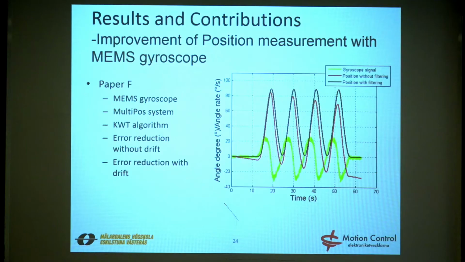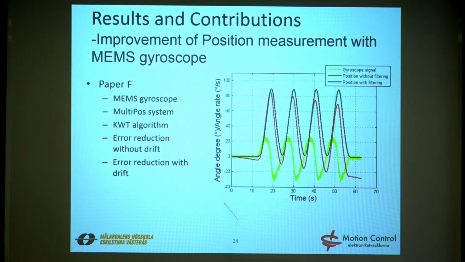So we can say in the figure, the green curve is the measured gyroscope signal, and the red curve is the calculated position, exactly the angular position from the measured signal, and the black curve is the position with signal processing using the KWT method.